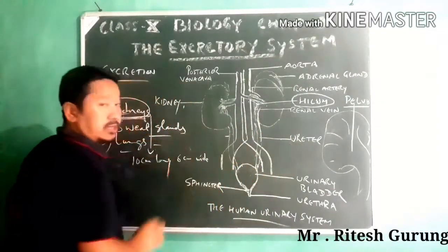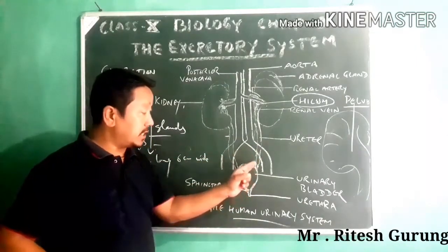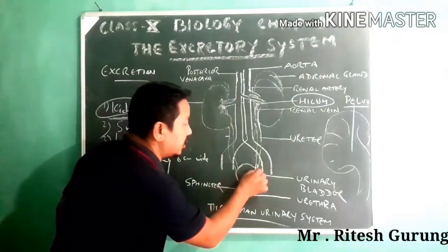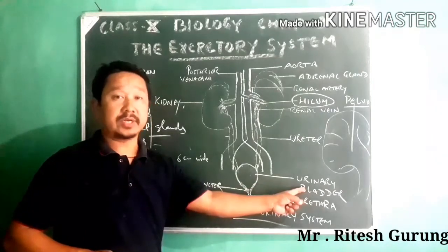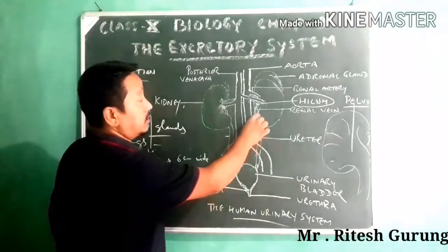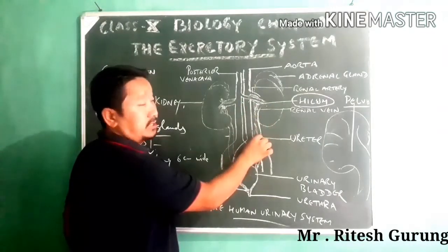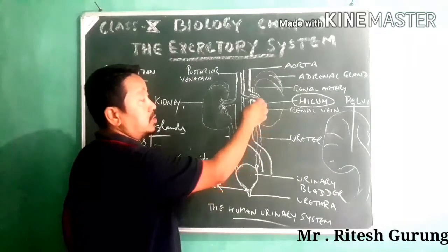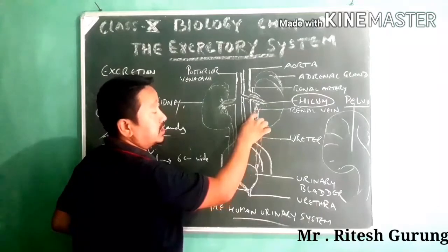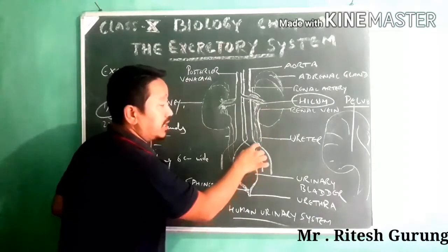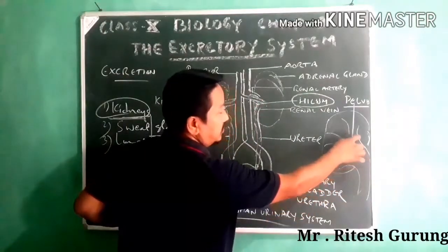This is your ureter. This ureter opens at the end into the bladder, a muscular bladder called the urinary bladder. As you see, the other end of the ureter, the originating part, from where it originates, you find expanded like this, which is roughly drawn out here.